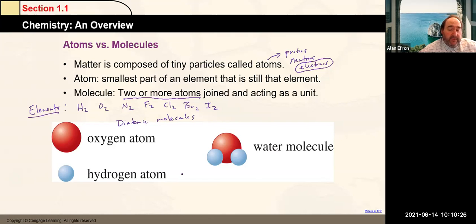In hydrogen, there are two hydrogen atoms bound together through sharing of electrons. In oxygen, there are two oxygen atoms bound together. In nitrogen, two nitrogen atoms bound together.